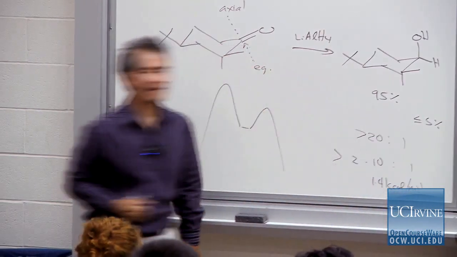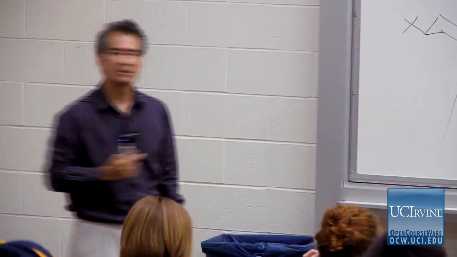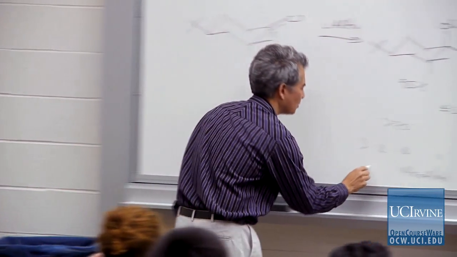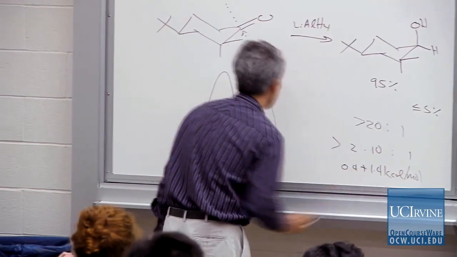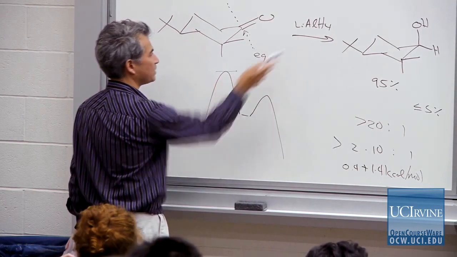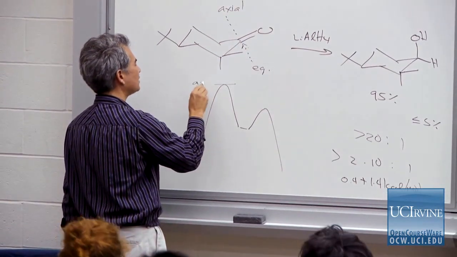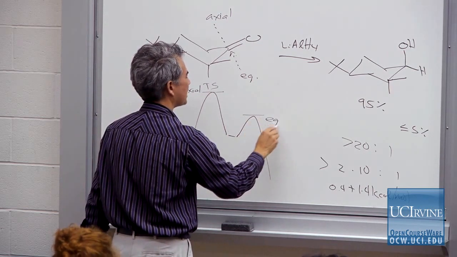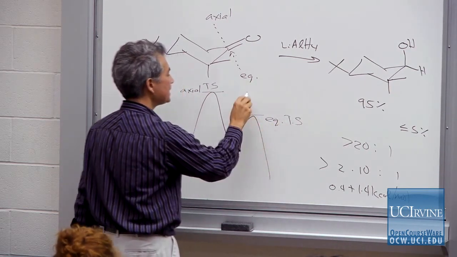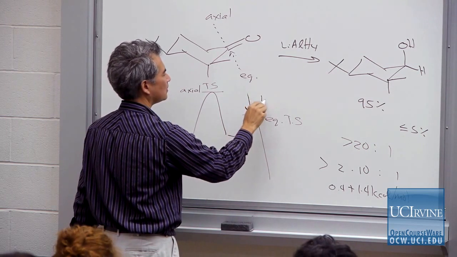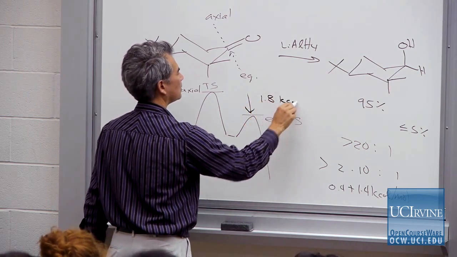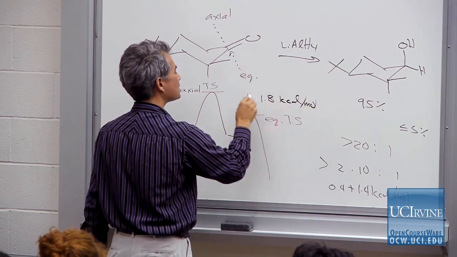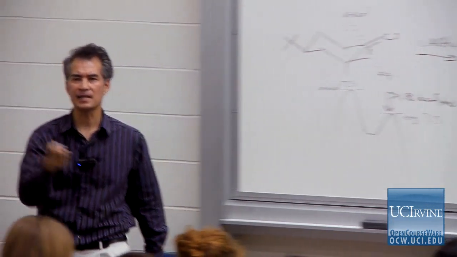How much energy for a factor of 2? 0.4 kcals per mole. That means I know that the energy difference between this unfavored axial attack and the favored equatorial attack is at least, I don't know how much greater it is than 1.8, but at least I can give people a meaningful number.